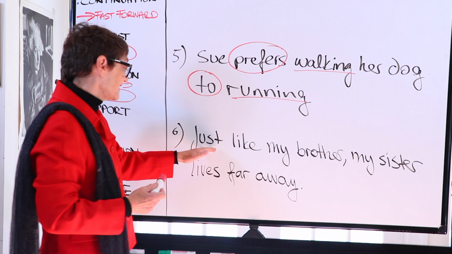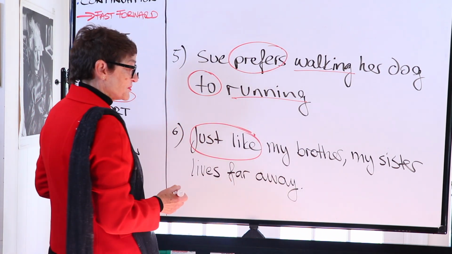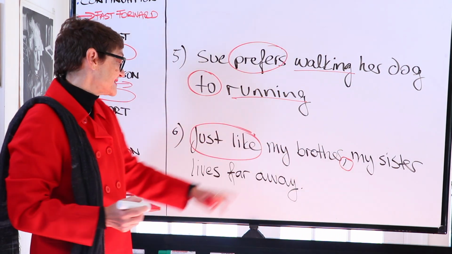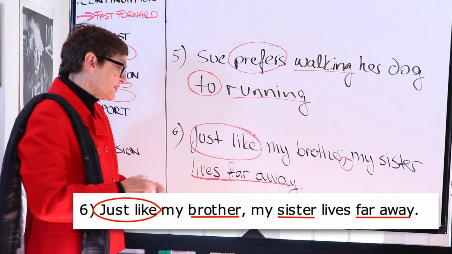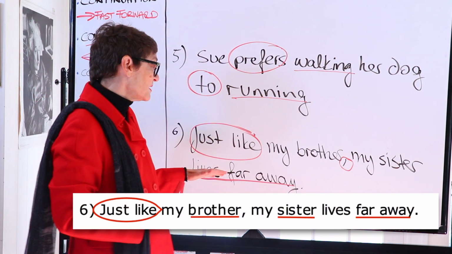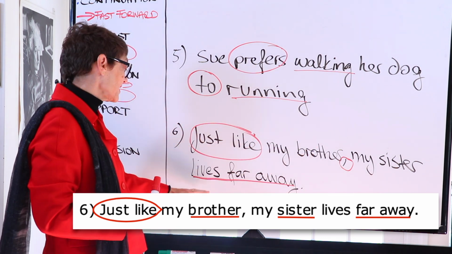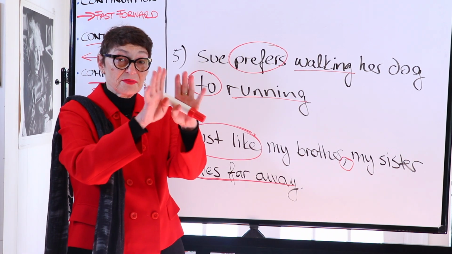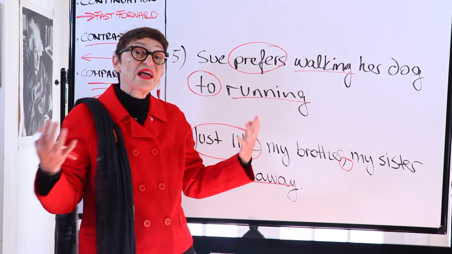In sentence 6, we have "just like." Just like my brother, comma, so here we have the comma again, my sister lives far away. Well, what am I really comparing? I'm not comparing the brother to the sister per se, I'm comparing how far away they live. And in this case, pretty much equal distance, that means we're comparing two like things.